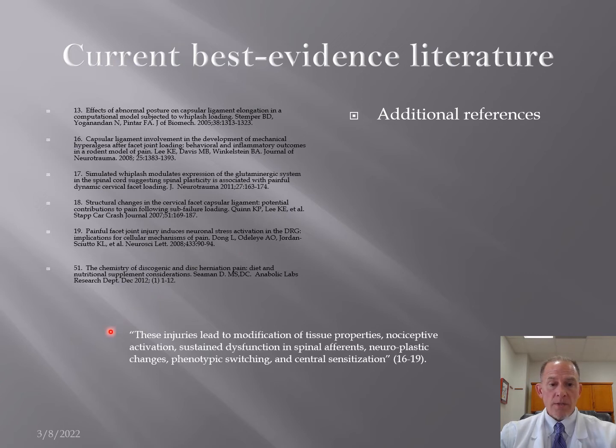And I quote, "These injuries lead to modification of tissue properties." So the tissue damage actually changes the function of our tissues to produce nociceptive or pain activation, sustained dysfunction in spinal afferents, again, that is a chronic signaling of pain from the injured tissue, neuroplastic changes, phenotypic switching, and central sensitization.